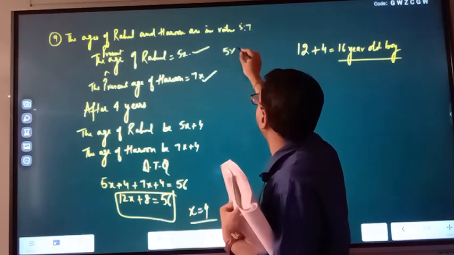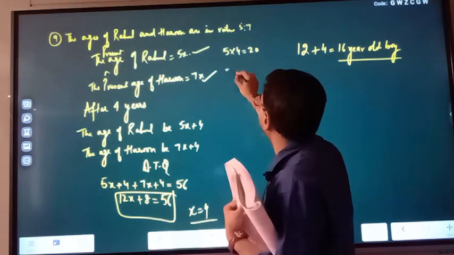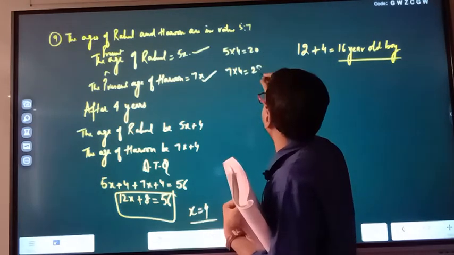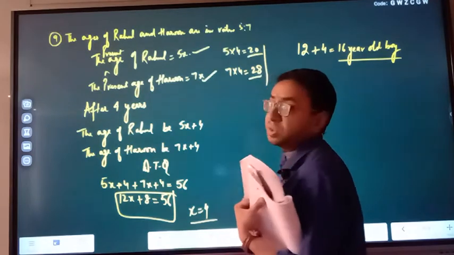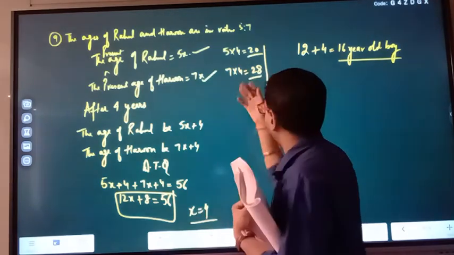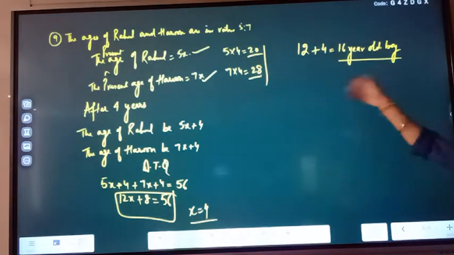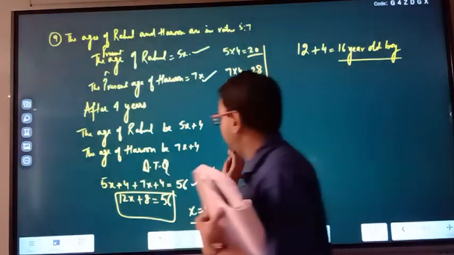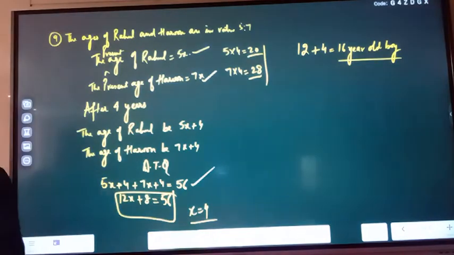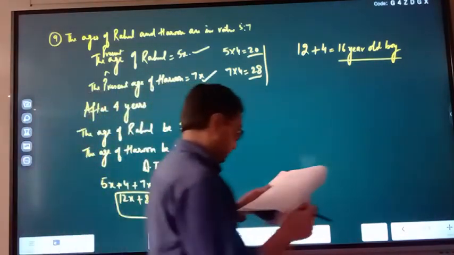Ages will be 5 into 4, 20, and 7 into 4, 28. Present age sum is 48. After 4 years, both will have 8 added. Definitely, hence it will come to 56 years. Clear? Question number 10. Let's see question number 10.